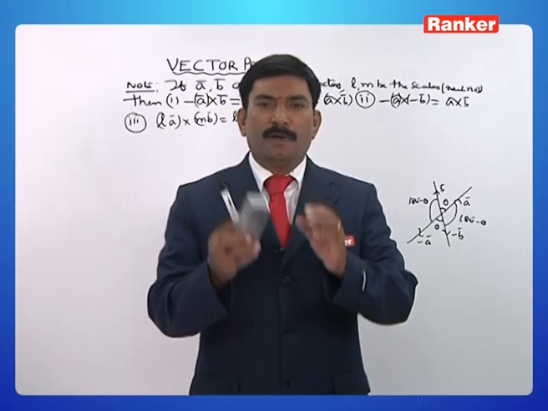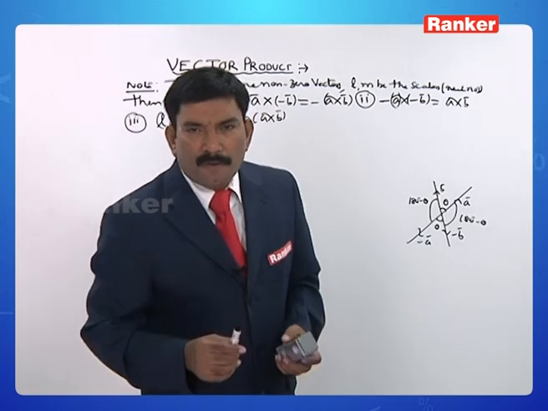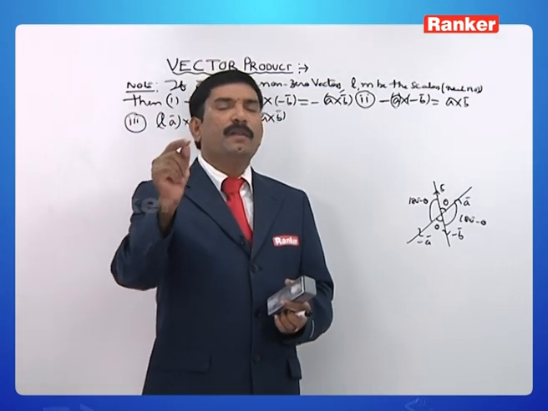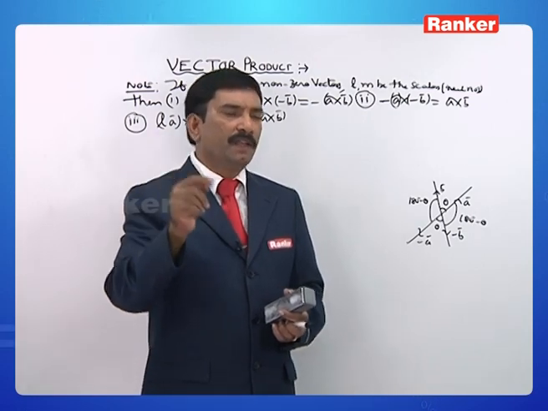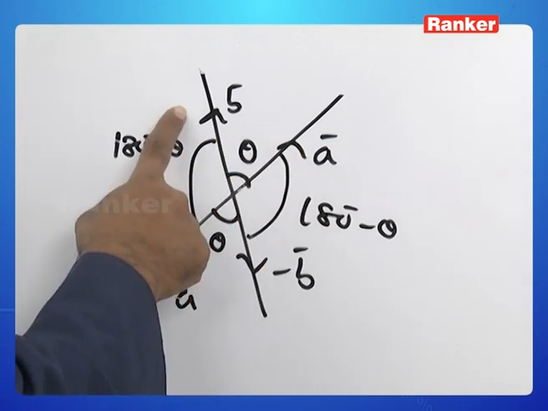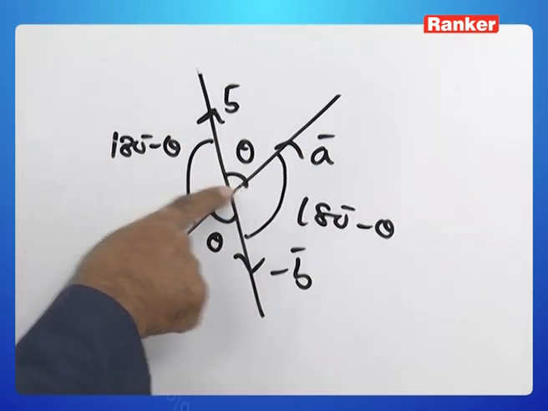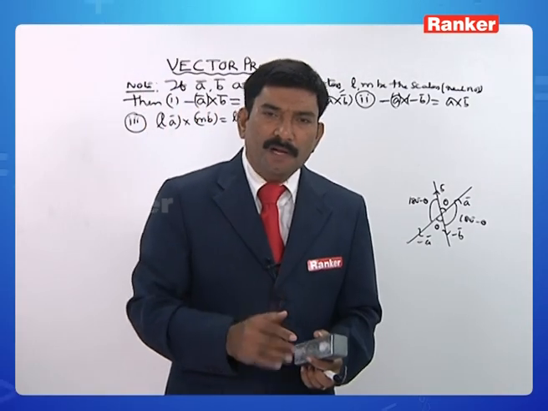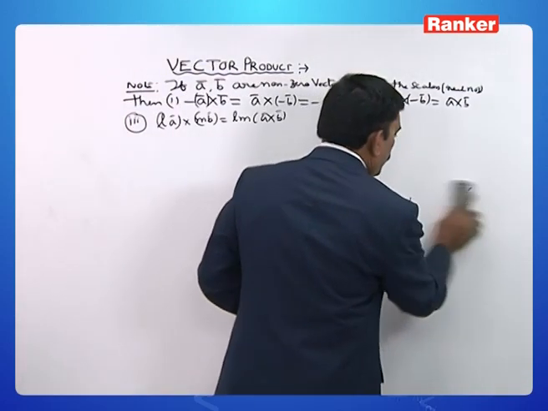If I apply the vector product, A bar cross B bar is equal to mod A into mod B into sin theta into n cap, and n cap will be perpendicular to the plane containing A bar and B bar, with the angle between the two vectors.